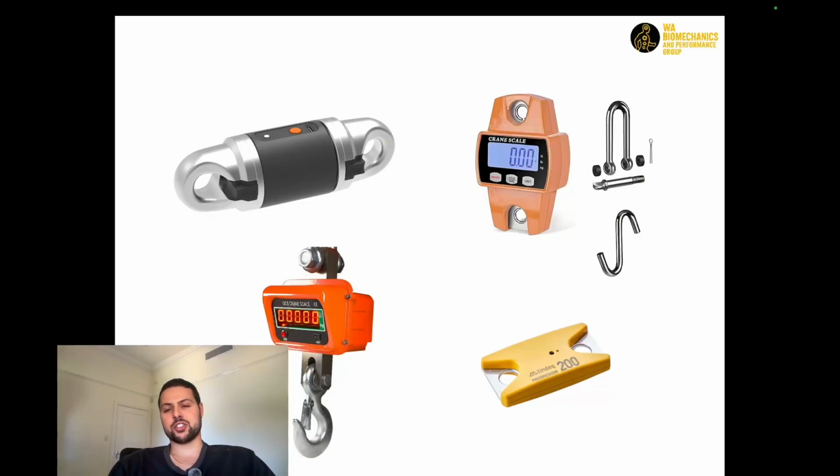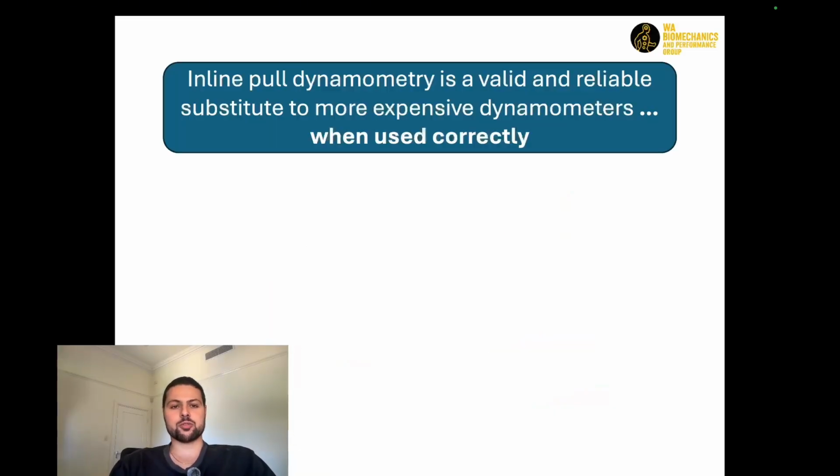I know they're used industrially and aren't made to measure a person's force output, but they essentially are exactly what the valid inline pull dynamometer is, which is in the top left there. And then we have the Tindeq there, bottom right, which is another really cheap alternative to isokinetic dynamometers. So this is good news.